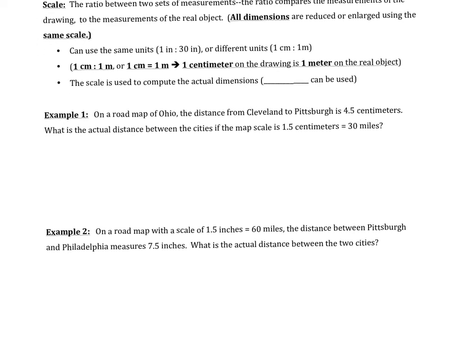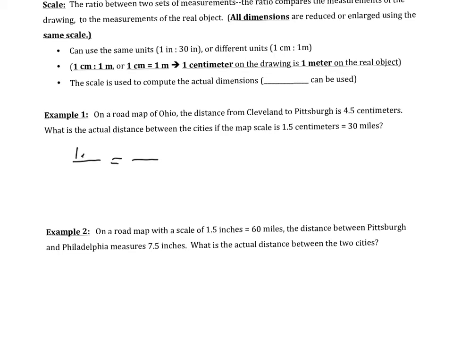Example number 1. On a road map of Ohio, the distance from Cleveland to Pittsburgh is 4.5 centimeters. Well, obviously it's not 4.5 centimeters from Pittsburgh to Ohio. What is the actual distance between the cities if the map scale is 1.5 centimeters equals 30 miles? So here we set up our proportions, just like we did in the last section of work.